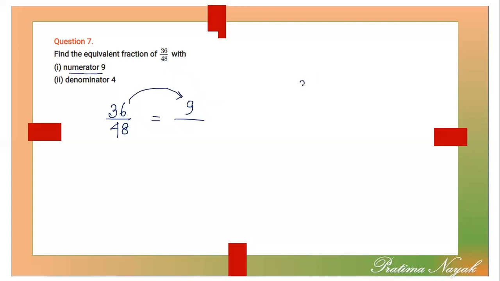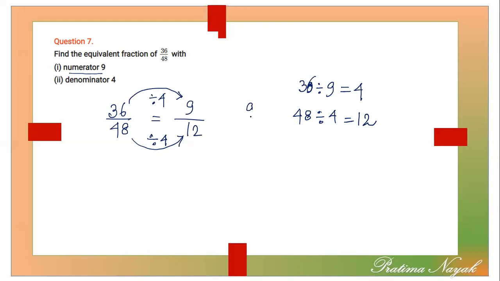How much have we divided? 36 divided by 9... 36 divided by 4 is 9, so we have divided by 4 to get 9. So the same thing I'll divide in the denominator. 48 divided by 4 will be 12. So it will be 9 by 12 is the answer of part 1.